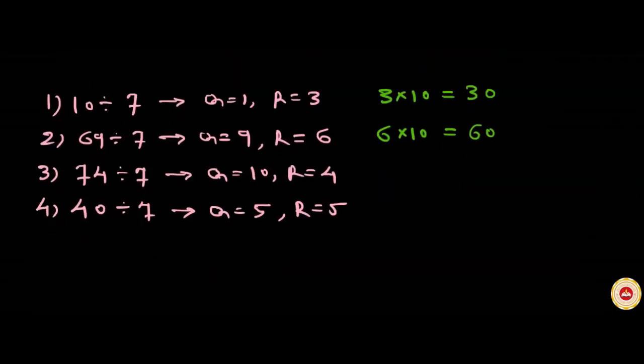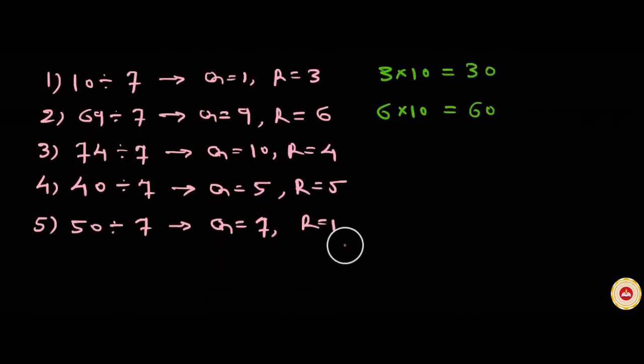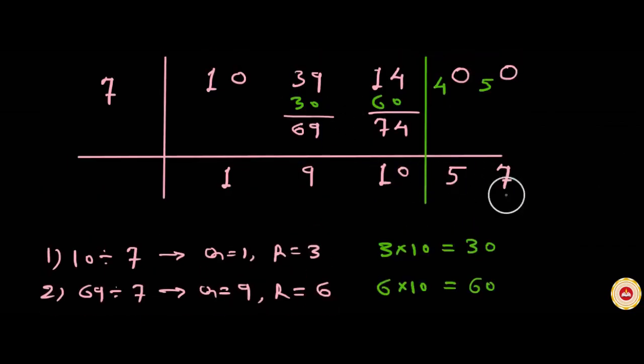Step number 5: 50 divided by 7 gives quotient 7, 7 sevens are 49 and remainder is 1. So write quotient 7 below 50. But friends, we have already covered all the digits and we have calculated 2 decimal places. So let us stop the division process here and write the answer.